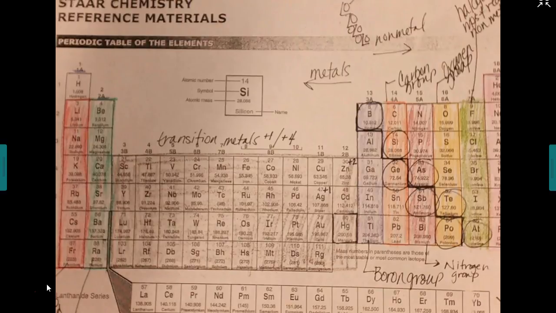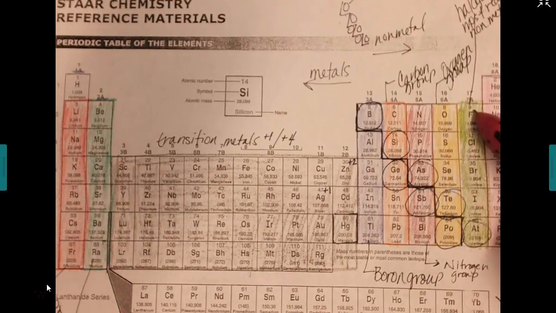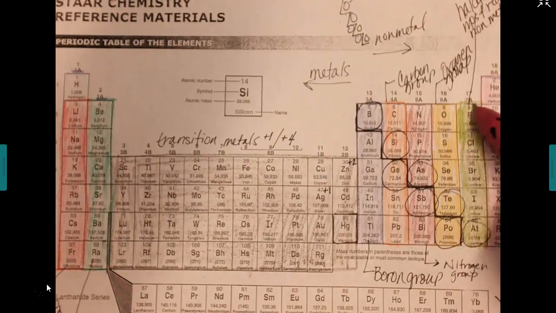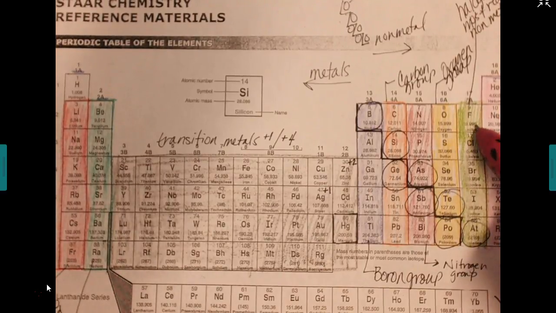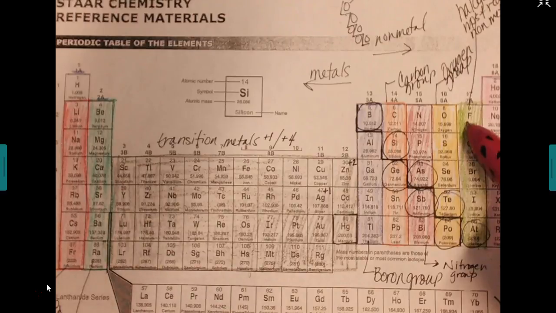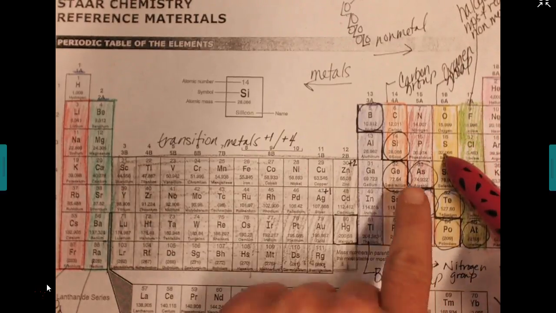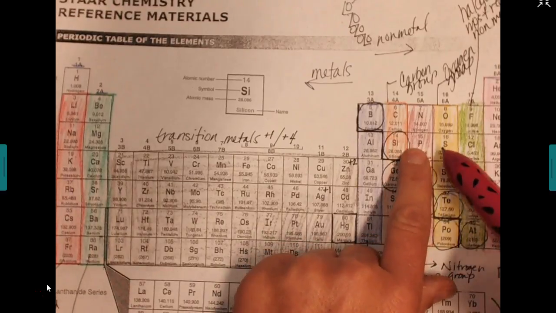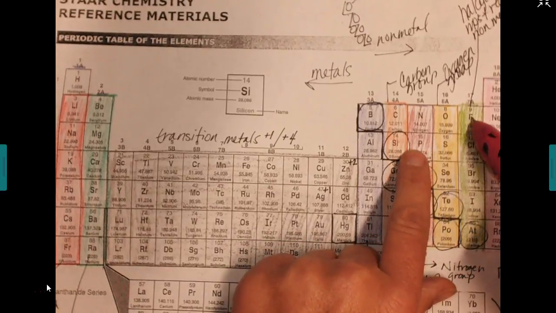Electronegativity. So electronegativity is the tendency to attract an electron. We said that fluorine is the most electronegative. So if I asked you which element has the higher electronegativity, sulfur or phosphorus, you would tell me sulfur because it's closer to fluorine.